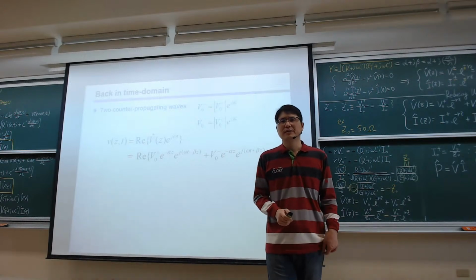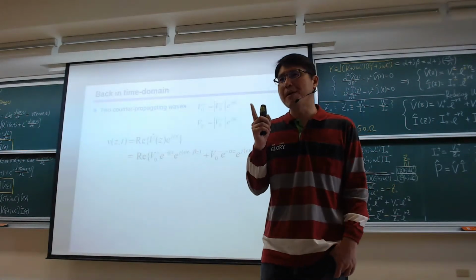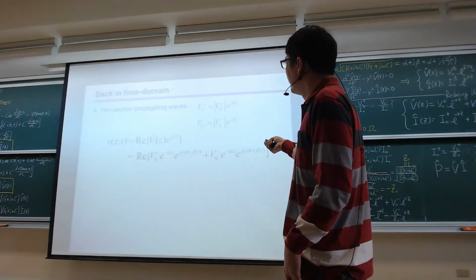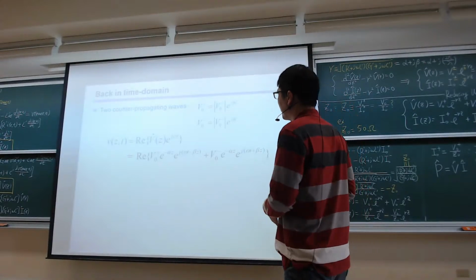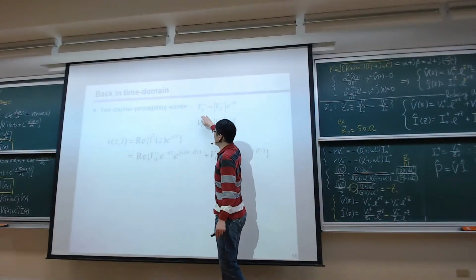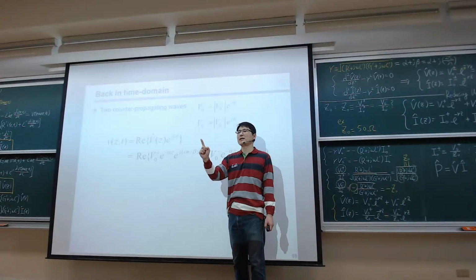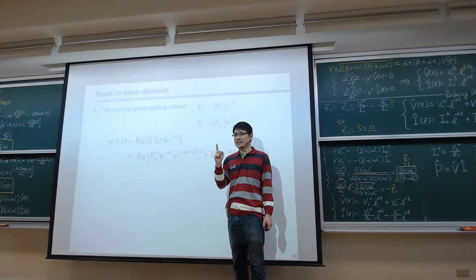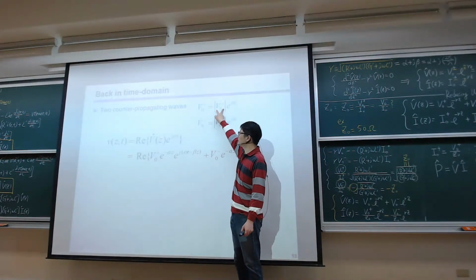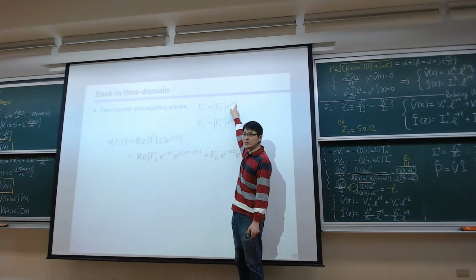Something you have to remember: V0 plus and V0 minus, these two amplitudes are usually complex numbers. Phasors usually have an amplitude and an associated phase.